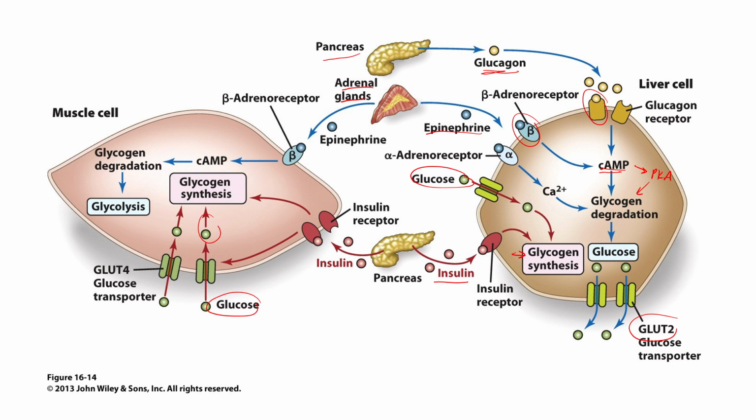And so we can see that these different types of hormones are acting on both liver cells and muscle cells, when either in a low energy or a high energy environment, or particularly in the case of blood glucose. And so hopefully that gives you a bigger picture view of how hormones are functioning to send signals from one part of the body to the other to help different tissues and organs perform a variety of functions.